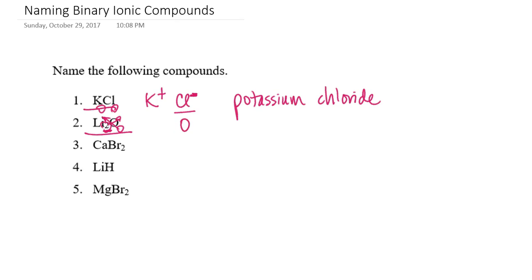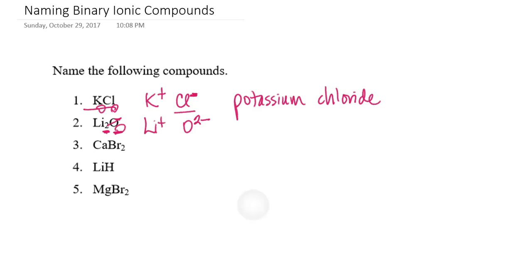And in general, when we write these formulas, the part of the formula that's written on the right, for example here the oxygen, is going to be a negative ion, and since the subscript is a 2 for the lithium, that had to have come from the charge of oxygen. So oxygen should be O2-, and lithium should be Li+ because there's a subscript of 1 understood next to the oxygen.